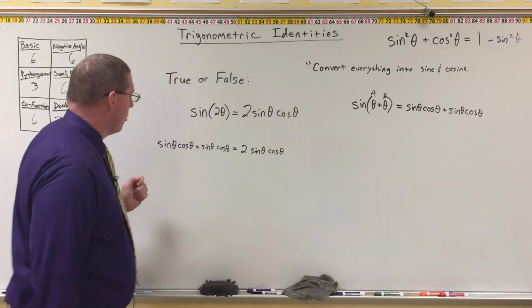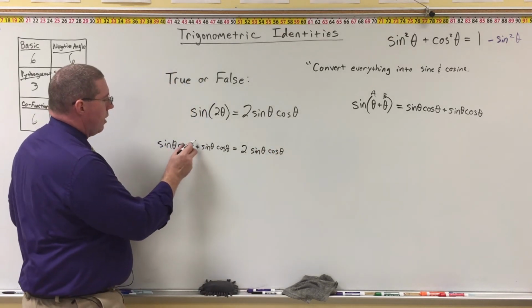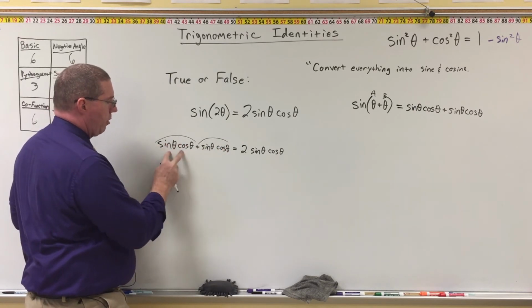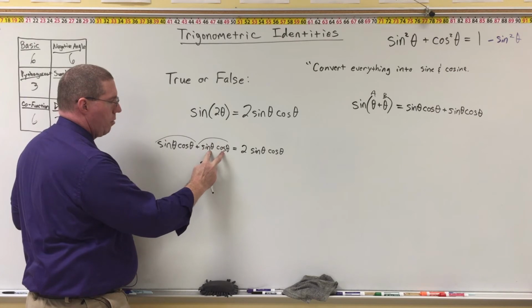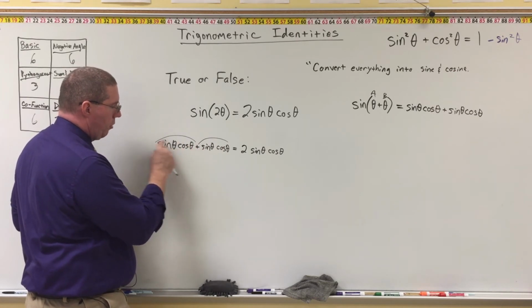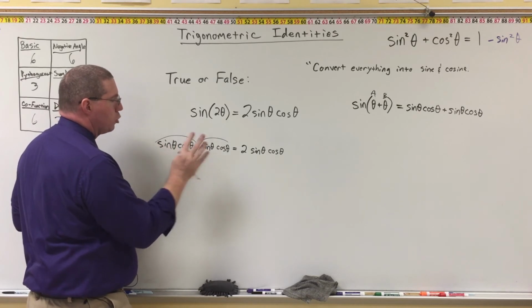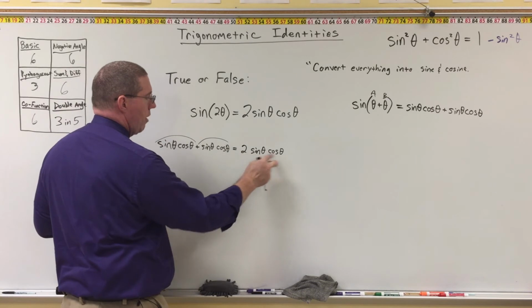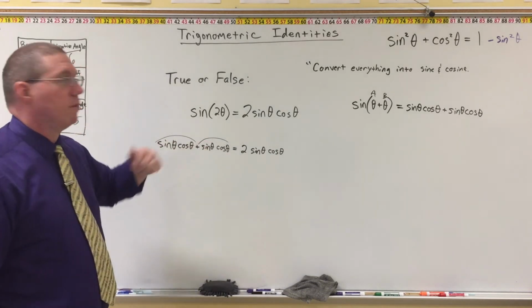Well, you bet that's true, because look, imagine that this is an x and this is also an x. Aren't both of these equal? Sine of theta, cosine of theta. Sine of theta, cosine of theta. There's one of these and one of these. And if we add them together, 1 plus 1 is 2. There are now 2 sine theta, cosine thetas. And look what we have here, 2 sine of theta, cosine of theta. Therefore, this is definitely true.